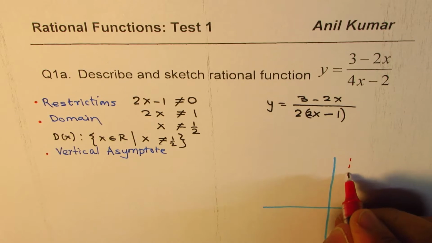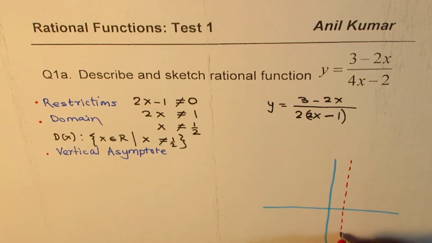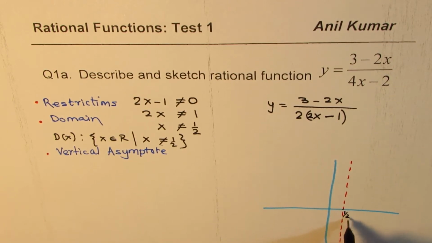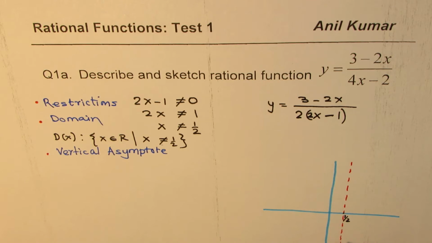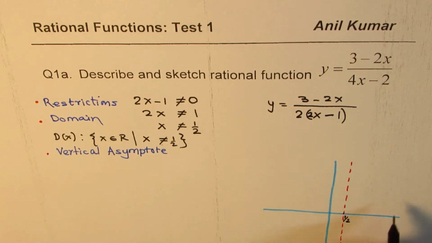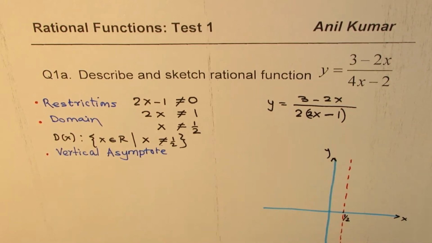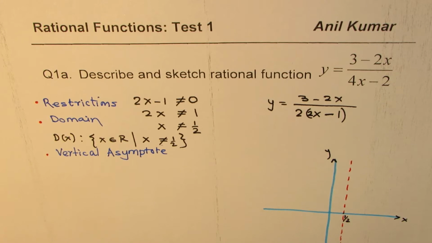Let's say this is my vertical asymptote, the point where the x value is half. The graph of the function will never cross this. This is what we're trying to say here. So this is x, this is y. That's the vertical asymptote.